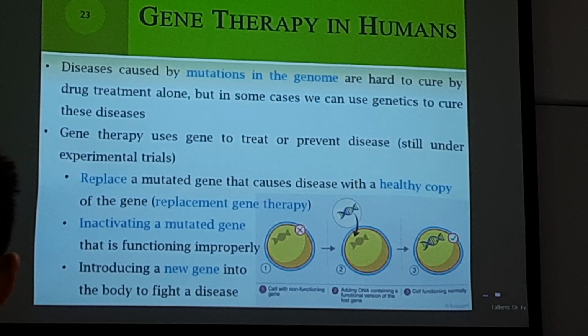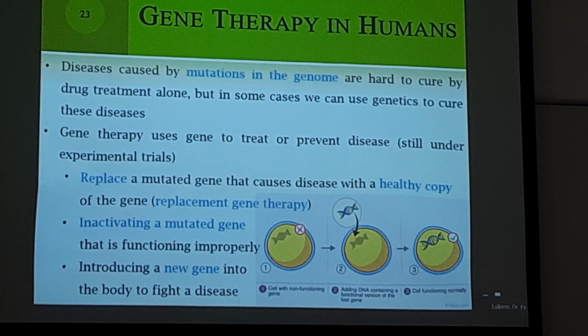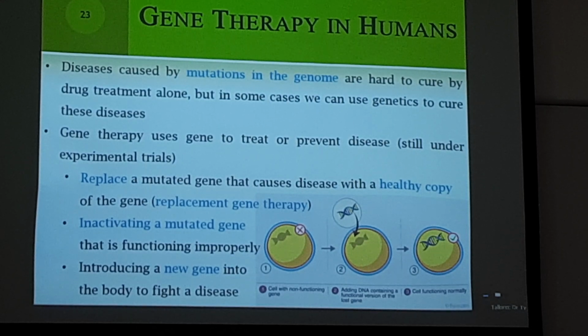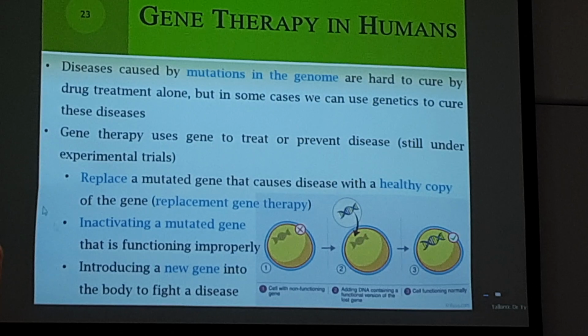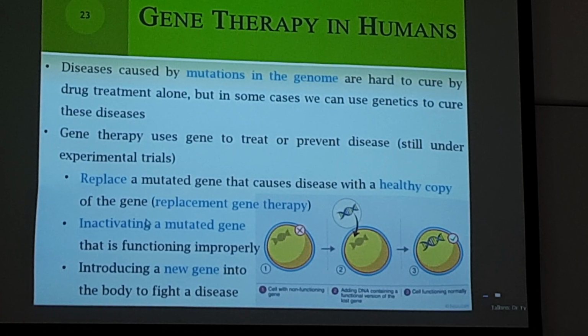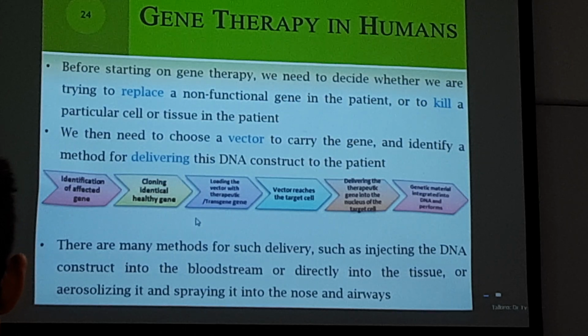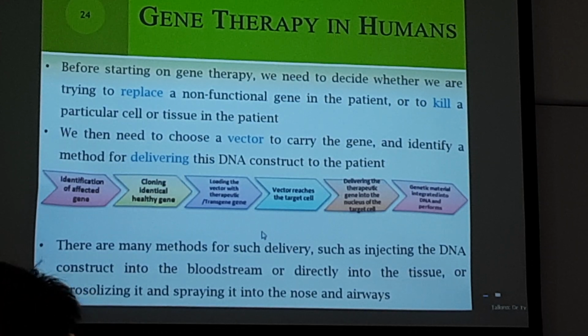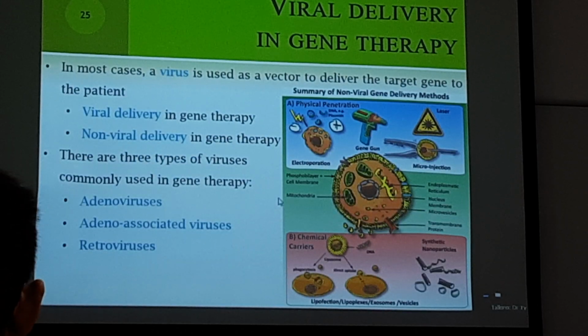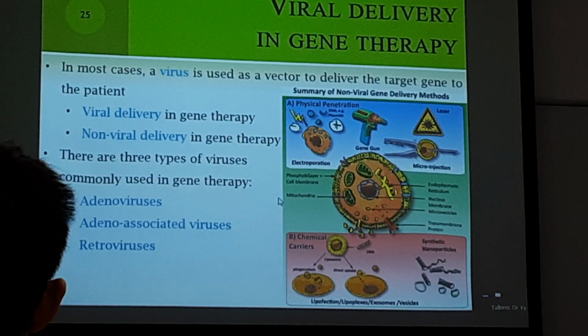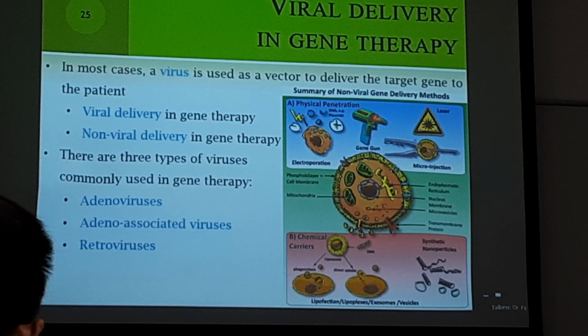You lack some gene in your genome, and therefore you can try to bring the gene back into your body to fight the disease. So these are some possibilities of using gene therapy, and then the procedure of how to carry out the gene therapy, how does it work. And we also have to think about how to deliver the gene into our body.